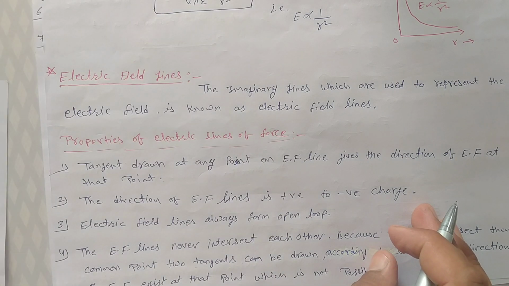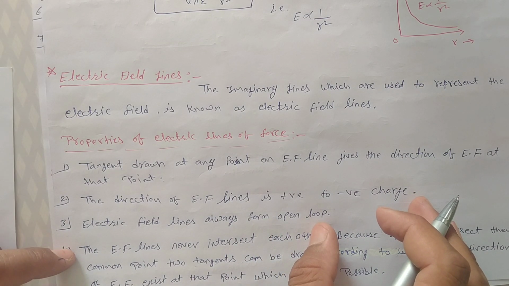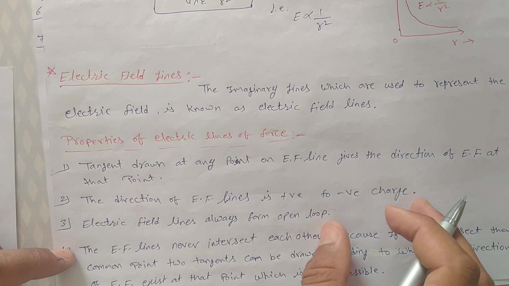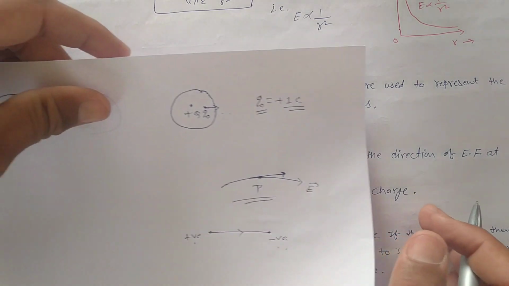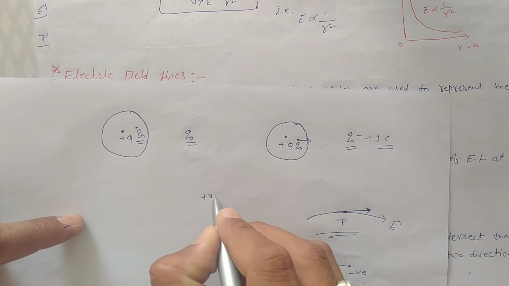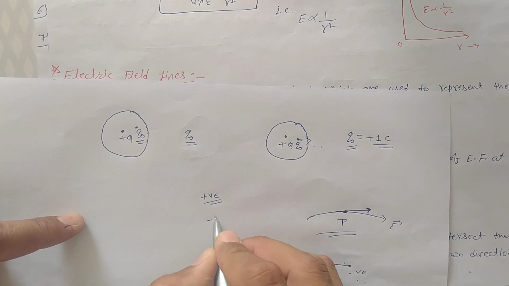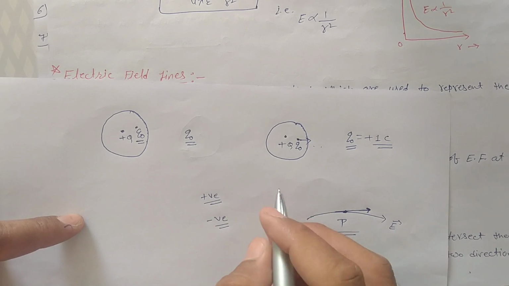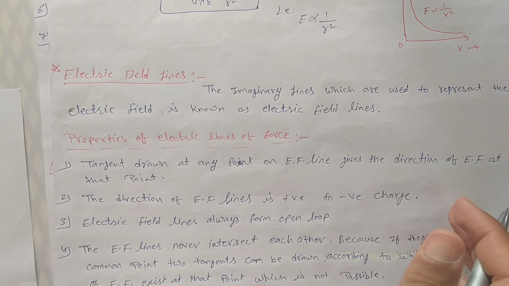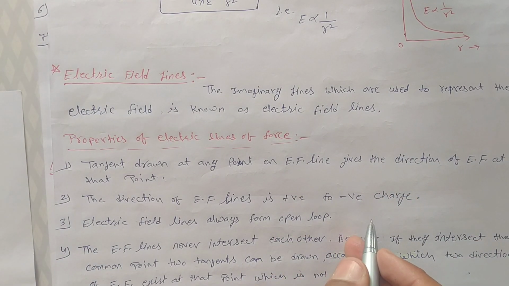Next property is that electric field lines always form open loops, never closed loops, because electric field lines start from a positive charge and end at a negative charge. Okay. So electric field lines always form open loops.